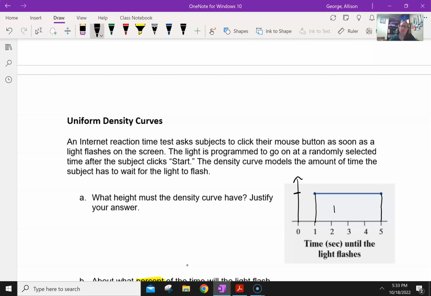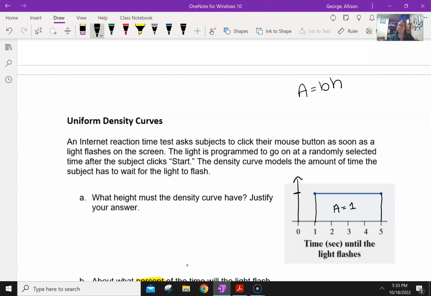So good news is y'all know the area of a rectangle. You learned that way back when. There's two ways you can think about area of a rectangle. You can do area equals length times width, or area equals base times height. Technically, they're both right. For this situation, thinking about base and height is a little less confusing than length and width.